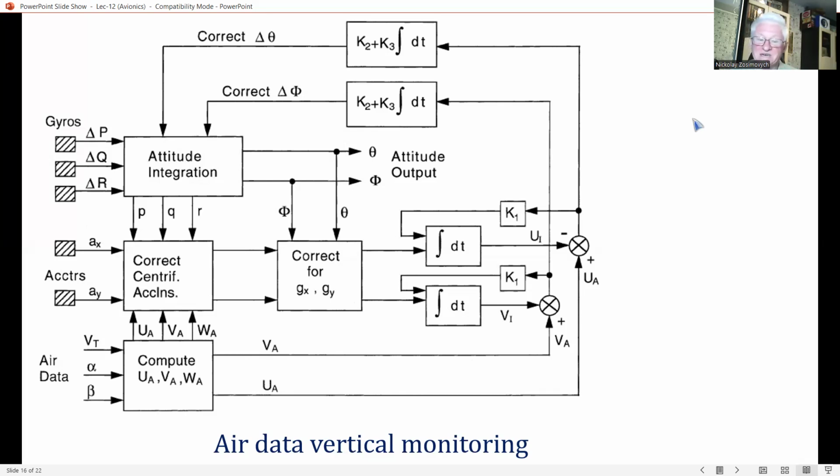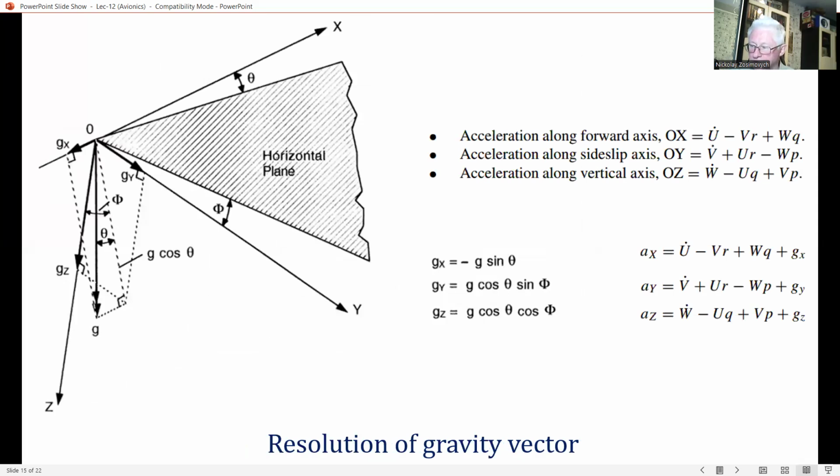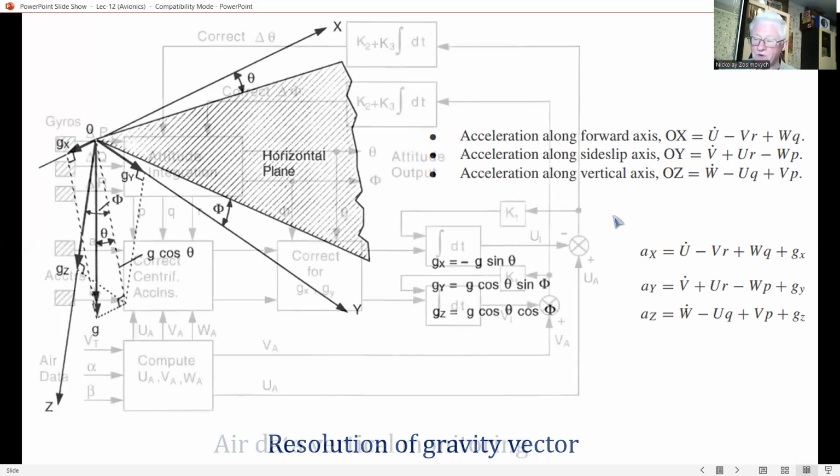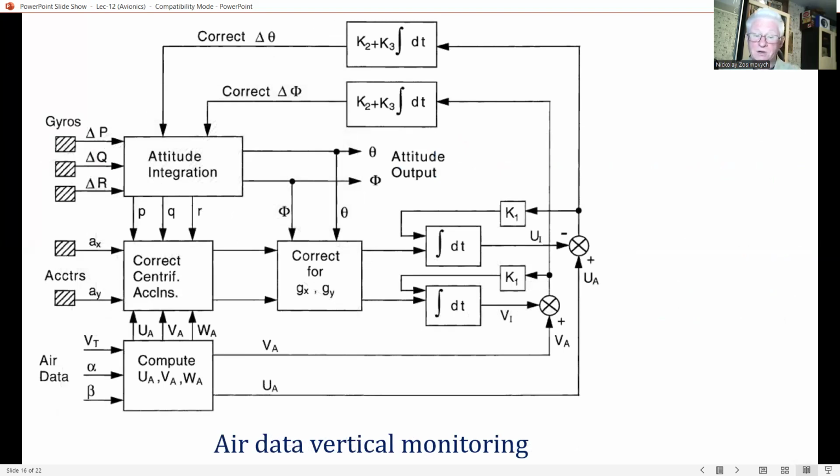The computed centrifugal acceleration component terms, namely minus V R plus W Q and U R minus W P, are derived from the air data velocity components U sub A, V sub A, and W sub A, and so are computed with respect to wind axis.